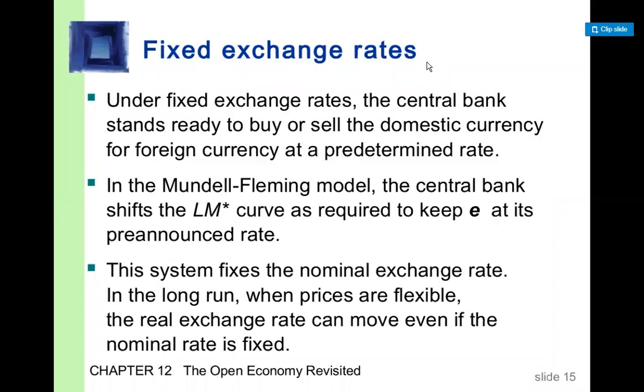In simple words, in fixed exchange rates, the central bank buys or sells the domestic currency for foreign currency at a predetermined rate. That is the fixed exchange rate.